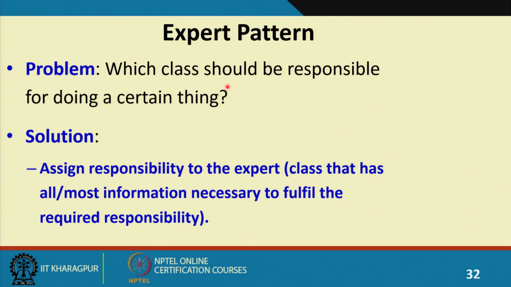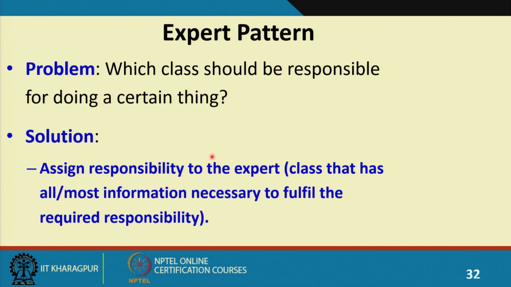We find that during a use case execution, certain things need to be done, but which classes exactly will be able to do these things? We cannot just arbitrarily assign the responsibilities to different classes, and this pattern addresses to which class the responsibility or the method should be assigned.